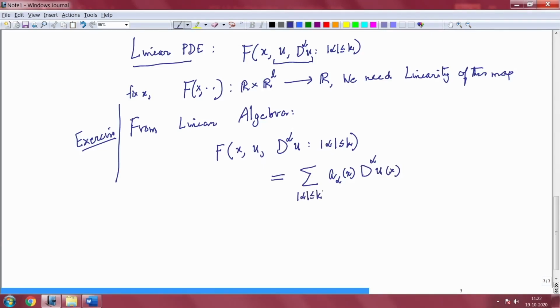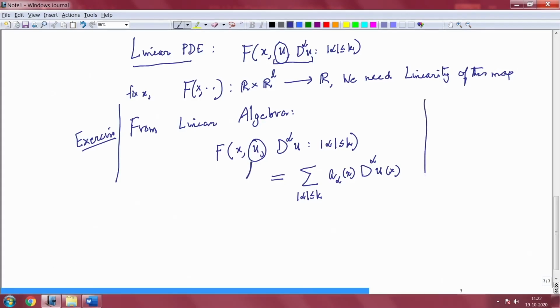Let me give one clarification. Actually, you do not have to include this u here, because when I take alpha equal to 0, 0, 0 etc., you will get D^0 of u, which is nothing but u. So, it is up to you how you want to write it. Basically alpha equal to 0 comes here, so you do not have to add even this term.